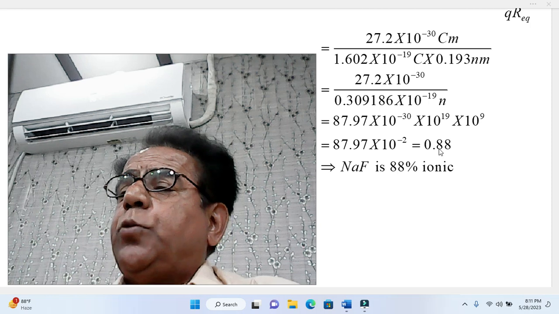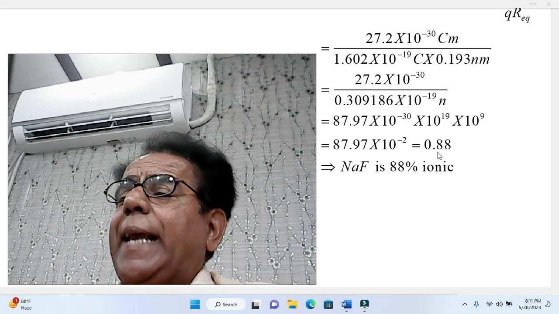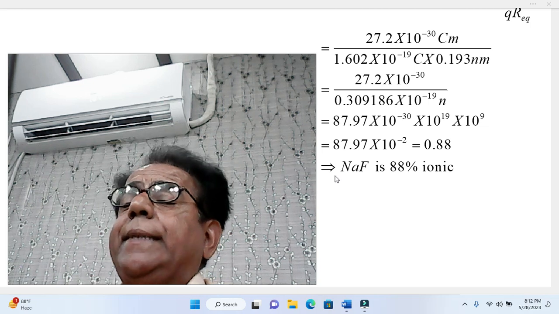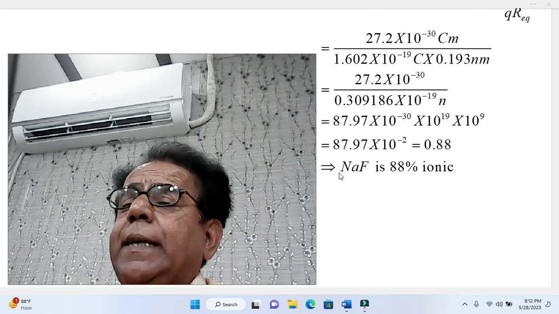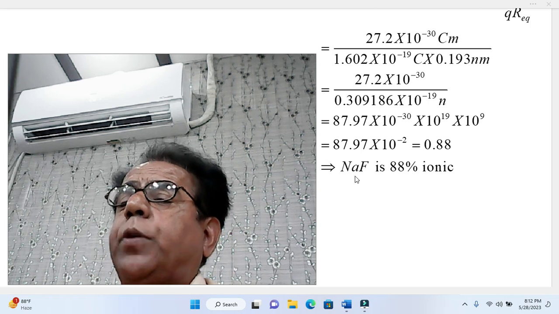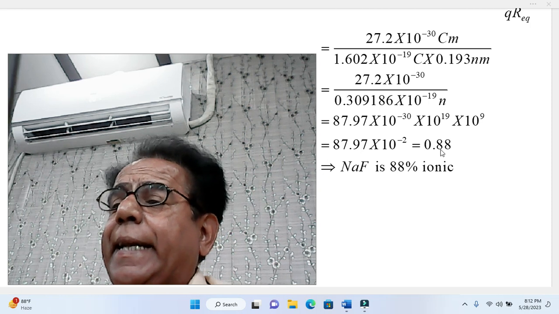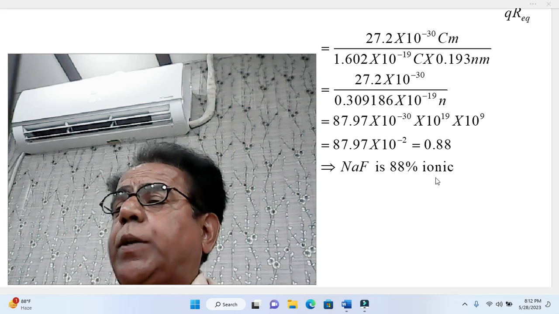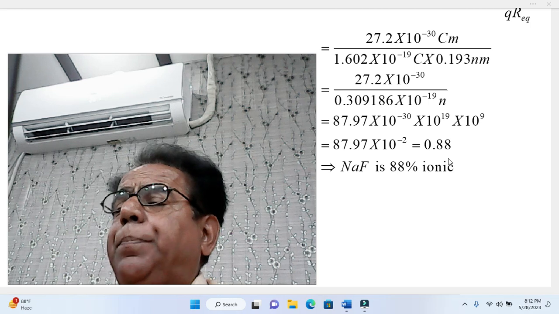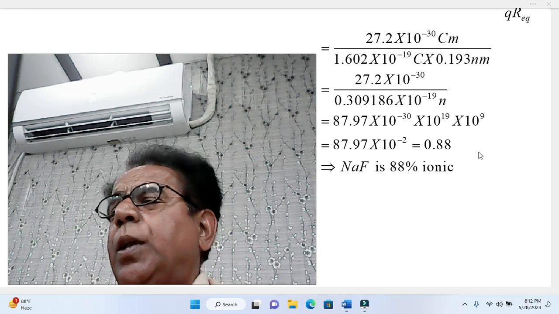So when this has become 0.88, we will write that this implies sodium fluoride is 88% ionic, because in percentage we have to multiply by 100.